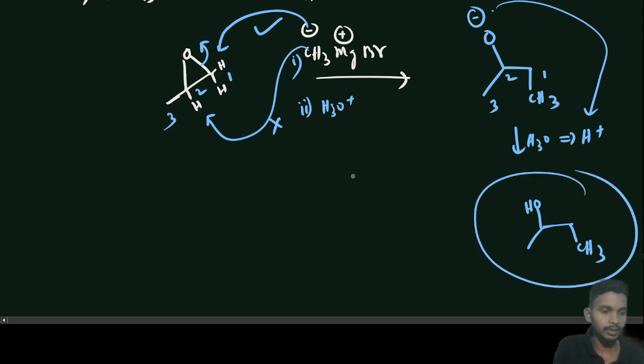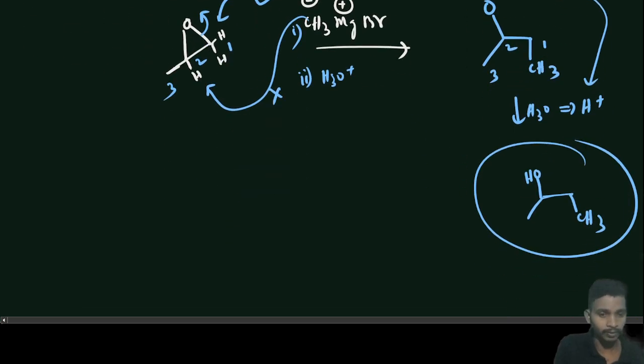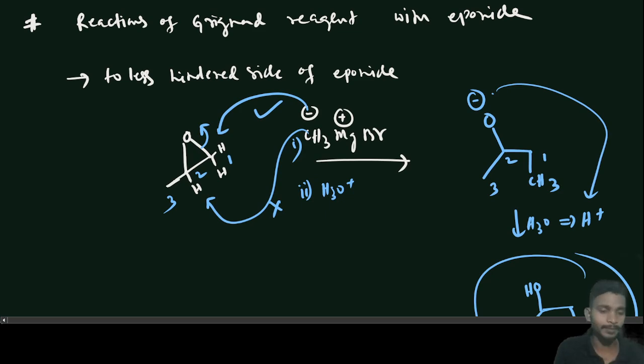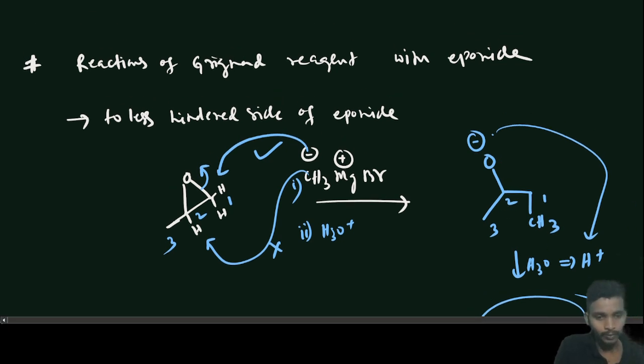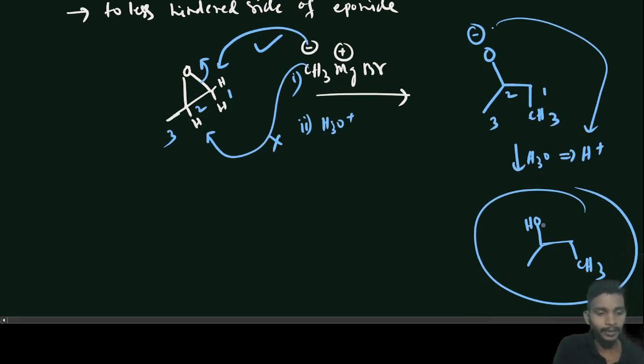So this is the final answer. If an epoxide is given, we get this type of product. Whenever an epoxide is given, the Grignard reagent attacks the less hindered site and forms a CC bond. The CO bond breaks, and after hydrolysis we get the OH.